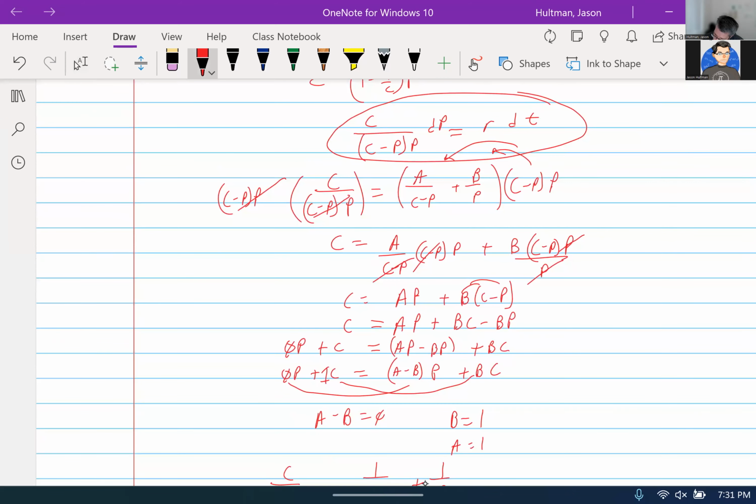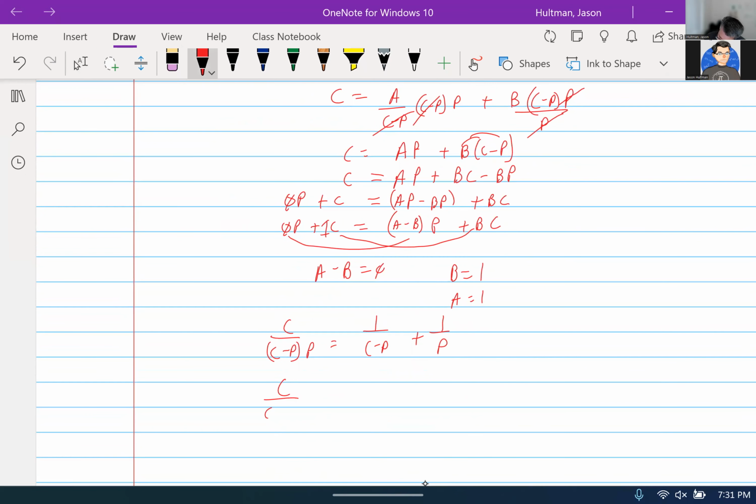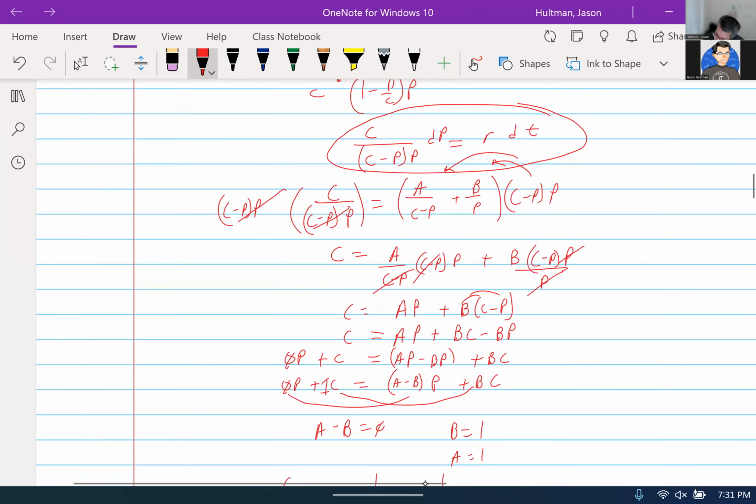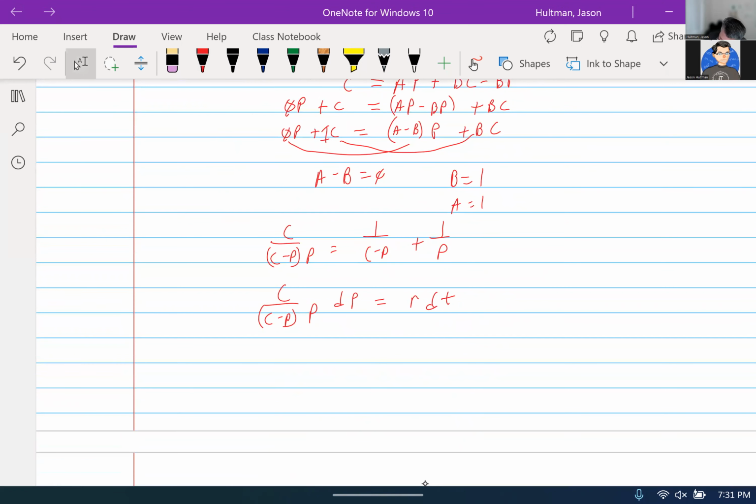So we're going to take that guy, c over c minus p times p, dp equals r dt, and then we're going to rewrite it as 1 over c minus p plus 1 over p, dp, is equal to r dt. I'm just setting up the integration to make my life a little simpler.